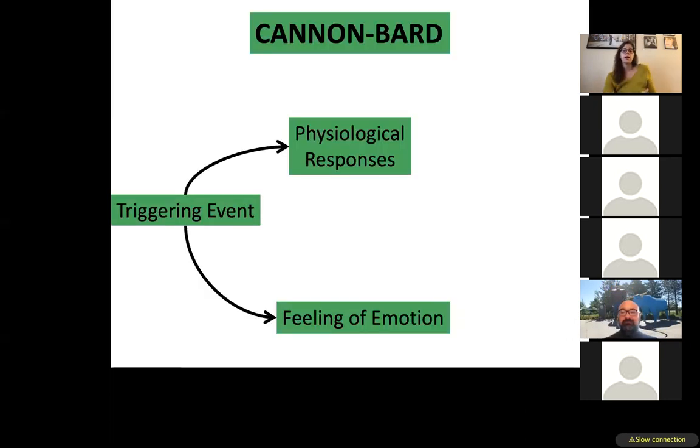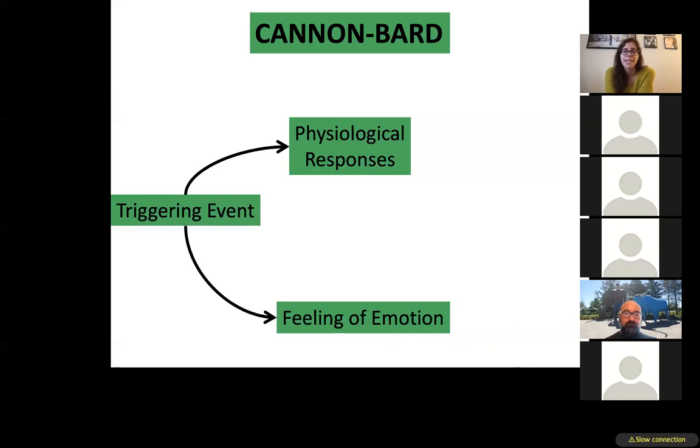Here's the model for the Cannon-Bard theory. First take a look at it and notice what is different from the other 2 theories we've already discussed. It isn't that physiological responses happen before the feeling of emotion, or that the feeling of emotion happens before the physiological response.